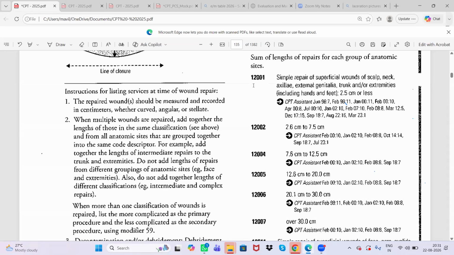Okay, here you can see 12001: scalp, neck, axillae, external genitalia, trunk or extremities, including feet and hand. Okay, these are the anatomical areas which we have for 12001.